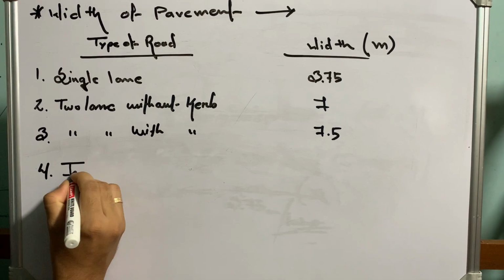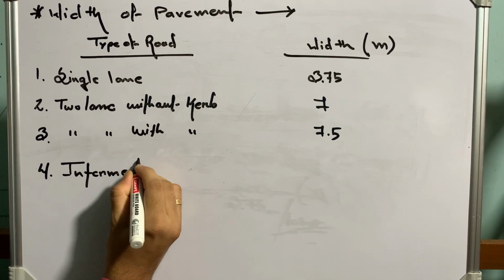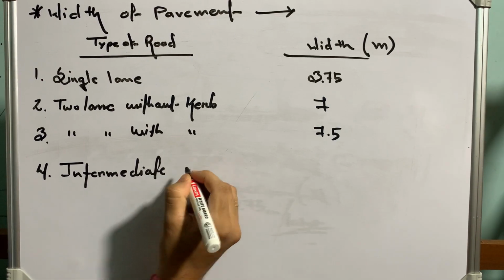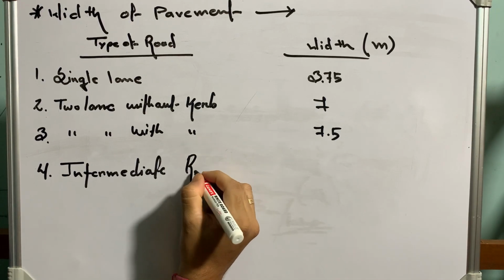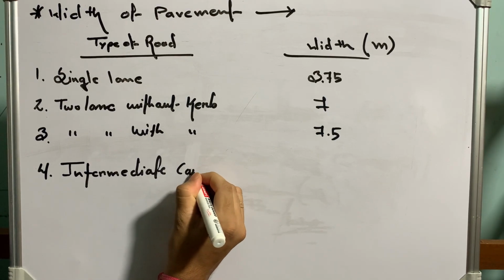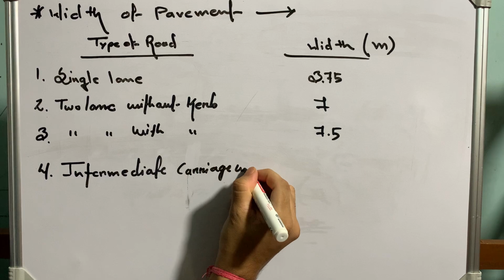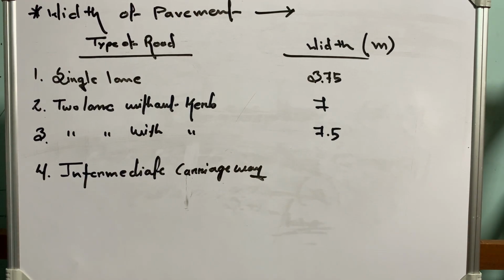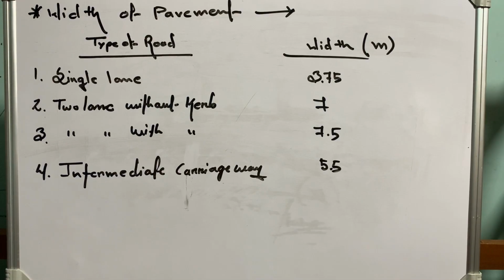The fourth one is intermediate carriageway or intermediate road. For intermediate carriageway the width will be 5.5 meter.